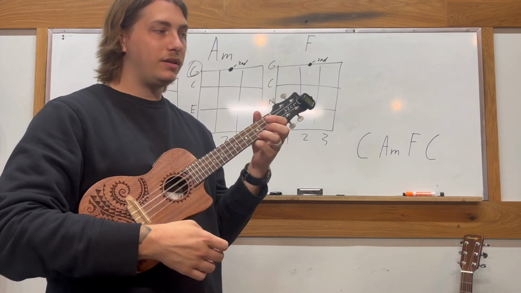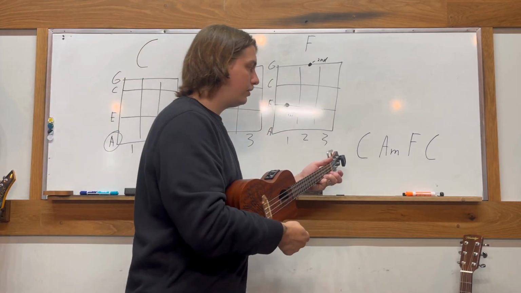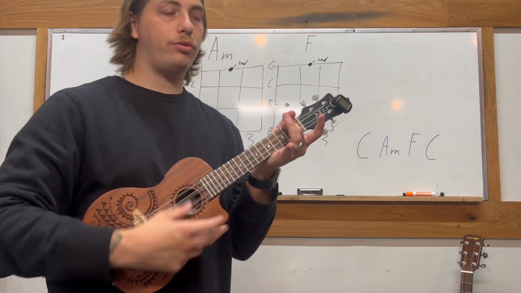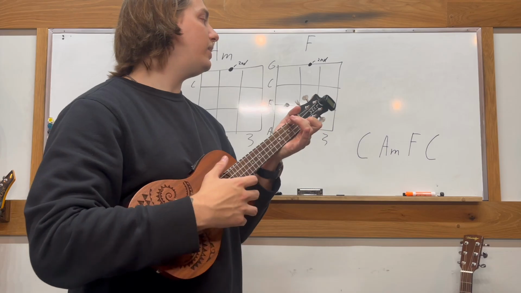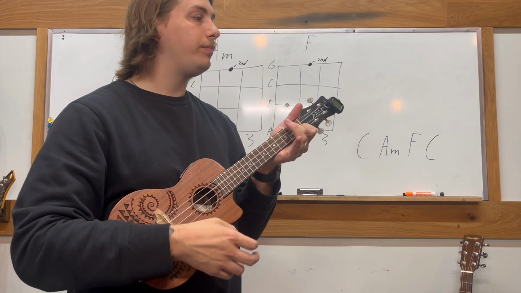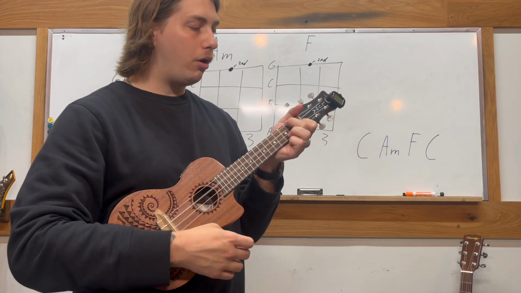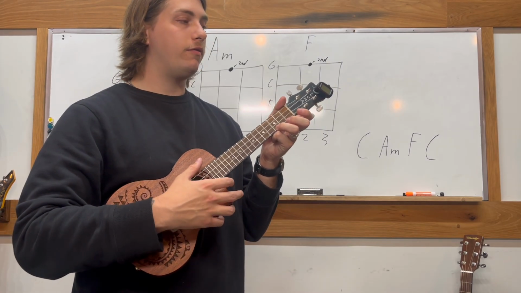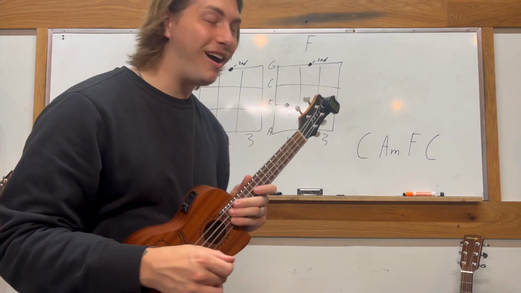Hold it. One more. So we're right here. Last time. Ready? A minor. 2, 3, 4, and then F. 2, 3, 4, and then C. 2, 3, 4. Good job, you guys.